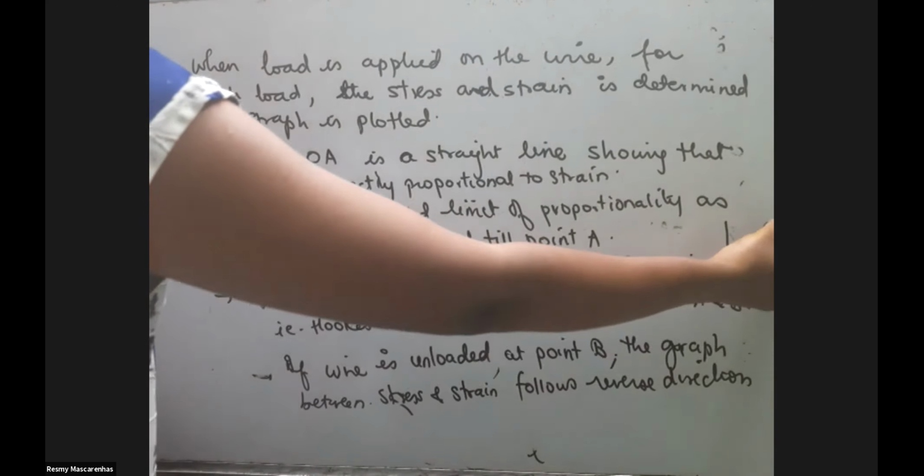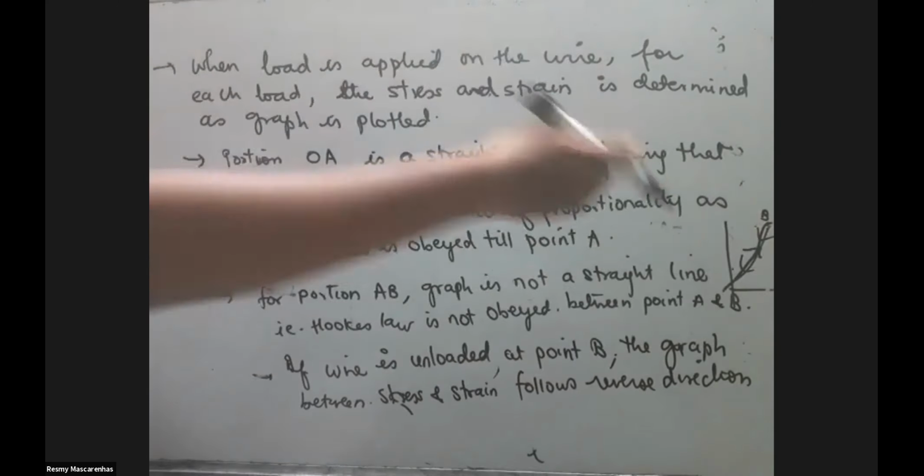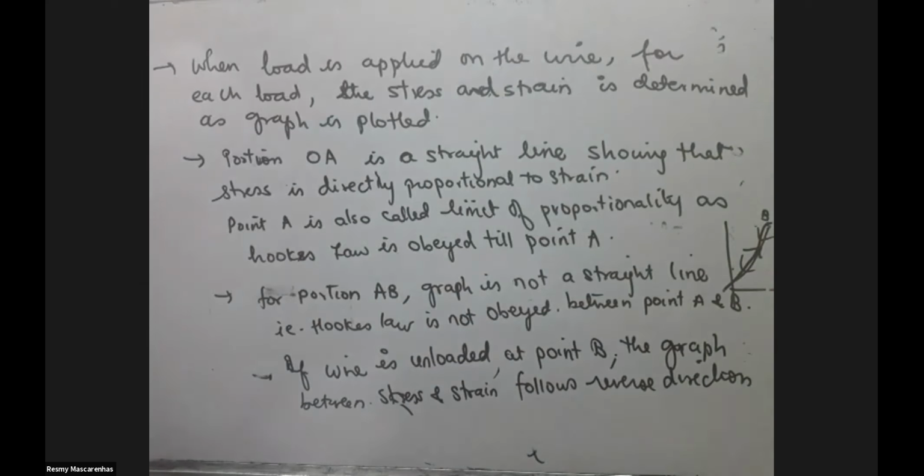Now you start removing from point B. The moment you remove the load, it will come back, like a rubber band coming back to its original position. Along B, A, and then O. From B it will come to A, and from A it will come to O. Point B is called the elastic limit.